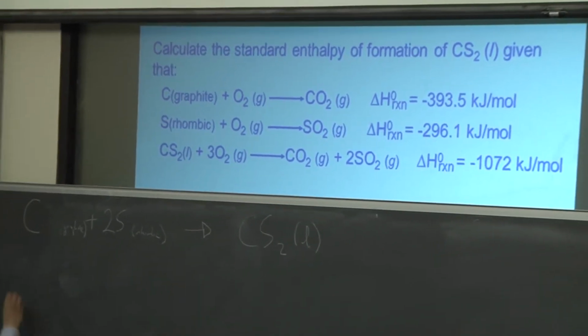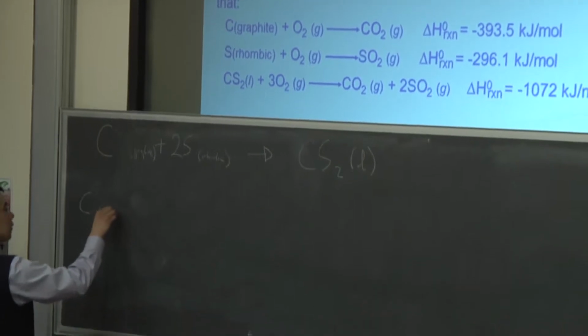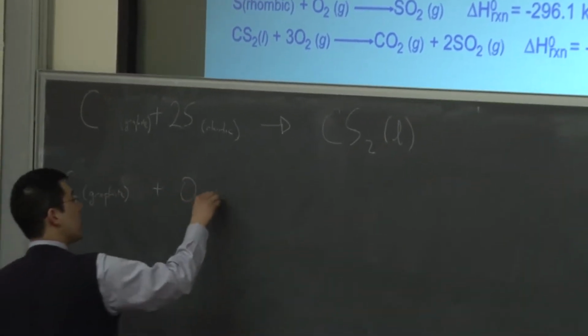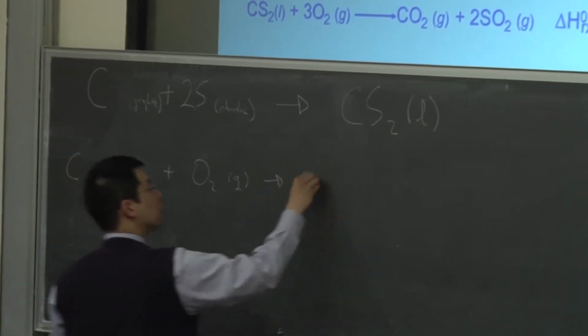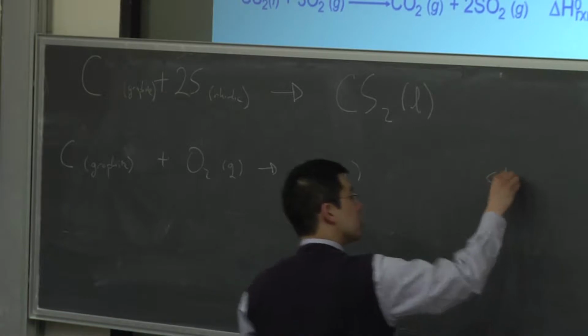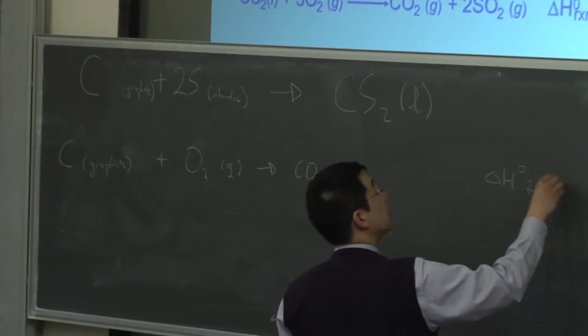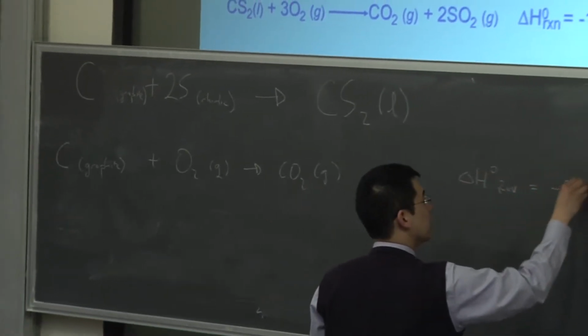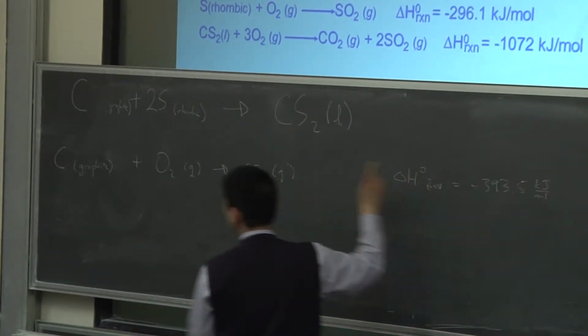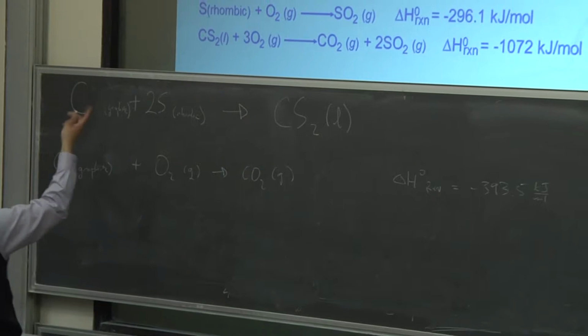So I'm going to write the first one first, C graphite plus O2 gas gives me CO2 gas, and delta H naught of reaction equals negative 393.5 kilojoules per mole. I'm just going to leave that the way it is. The second one, I'm going to double, right?